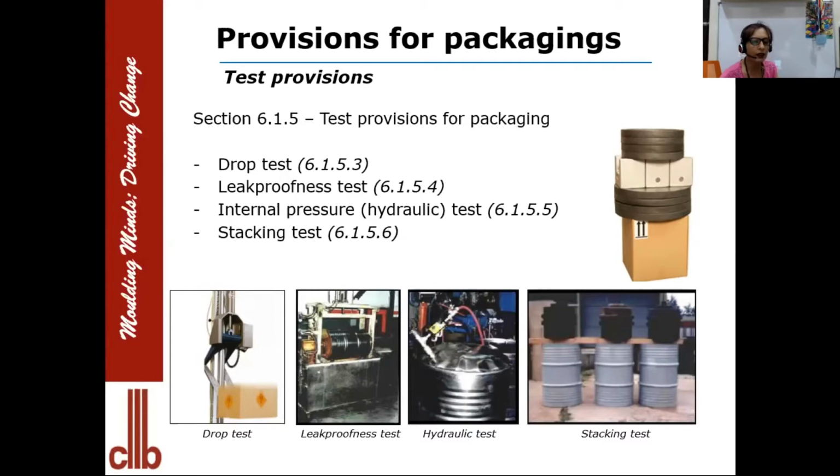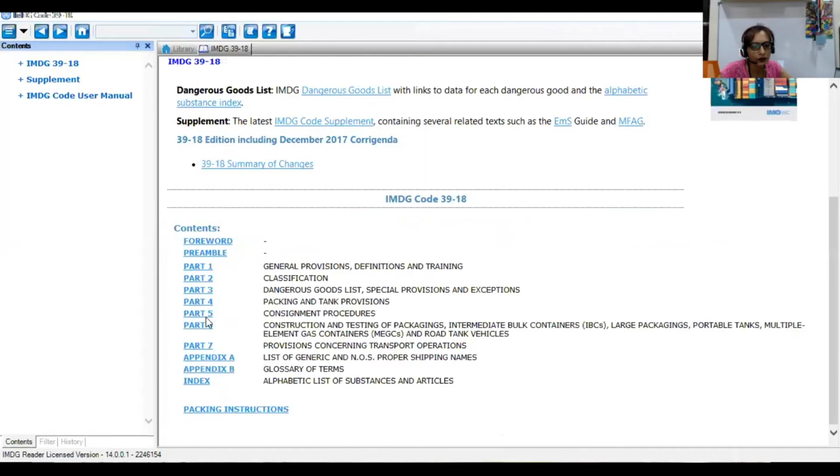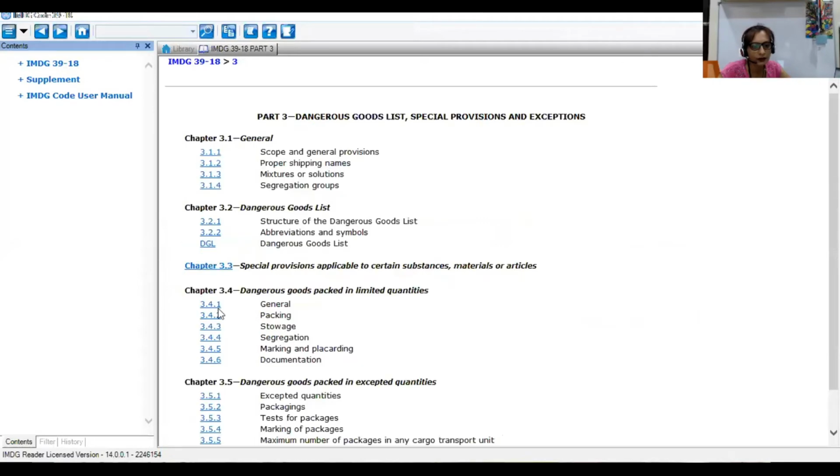So assuming we're going to take a couple of UN numbers here, and these UN numbers all have the same packing instruction. Just give me a sec, let me take you to the code, and from the code, I will move to the DGL.